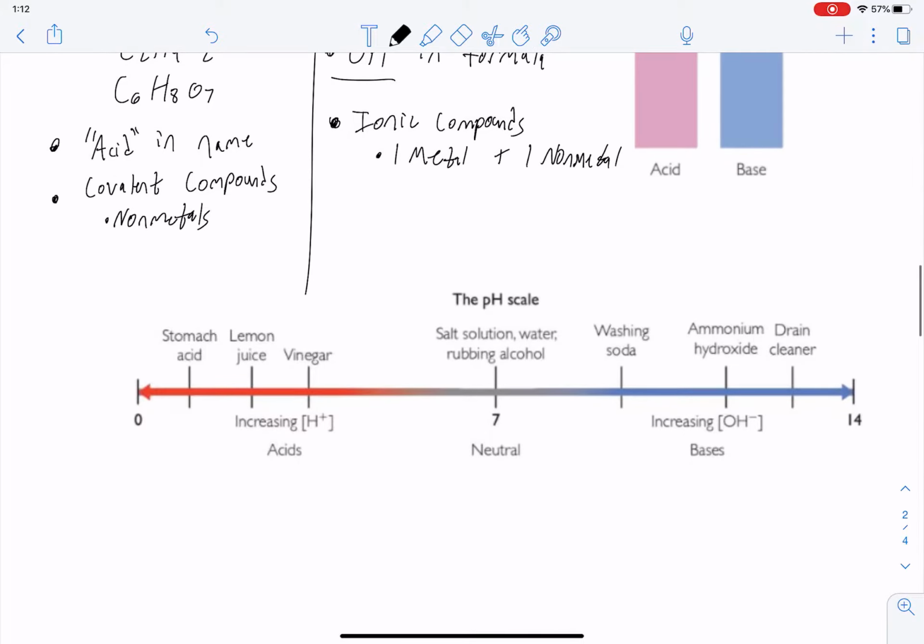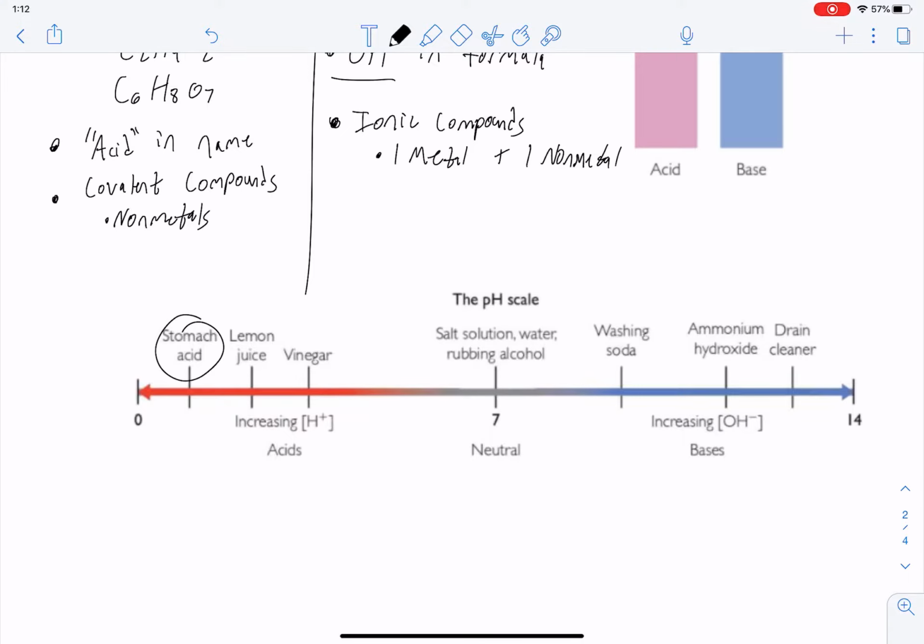And just taking a look at these examples again, we can see where these substances fall on the pH scale. So something like stomach acid, which helps you digest food and break down products into smaller molecules that your body can use for energy, is all the way at the end of the pH scale, which means it's a really strong acid. Again, we'll talk more about strong acids and bases in the next video.